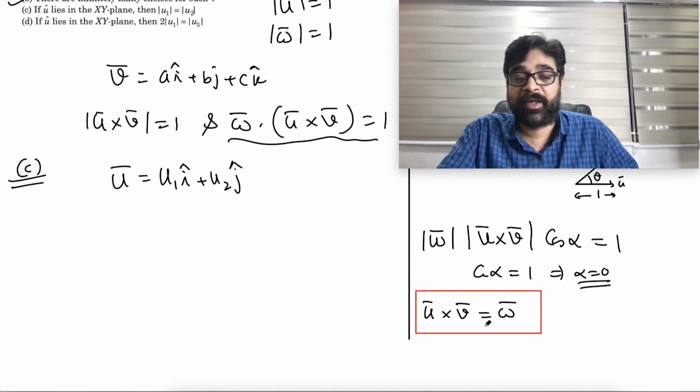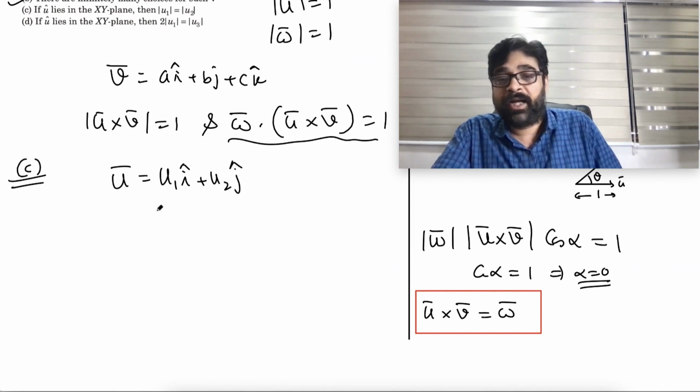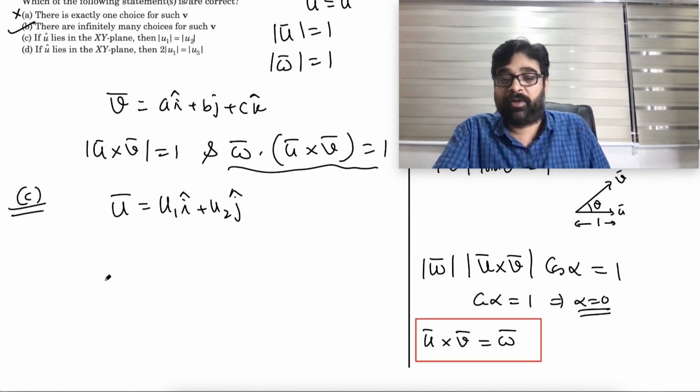So from here we can say u cross v is w. And for u cross v, let's calculate. U cross v will be what?